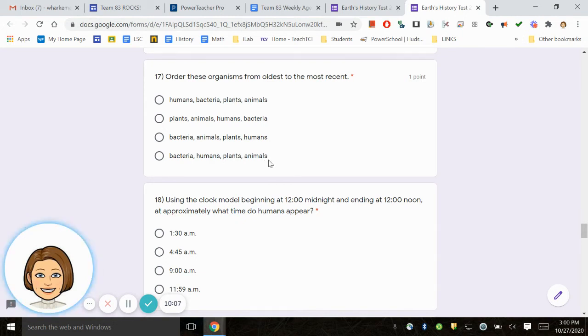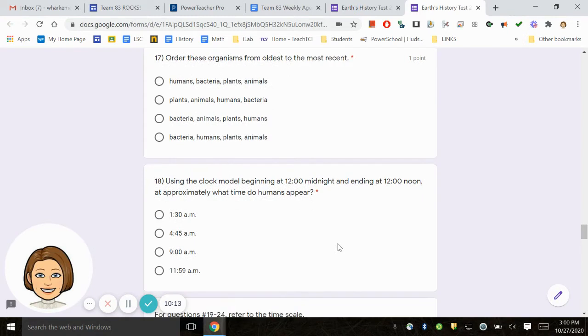Bacteria, humans, plants, animals. Number 18, using the clock model beginning at 12 o'clock midnight and ending at 12 o'clock noon, at approximately what time do humans appear? 1:30 a.m., 4:45 a.m., 9 o'clock a.m., 11:59 a.m.